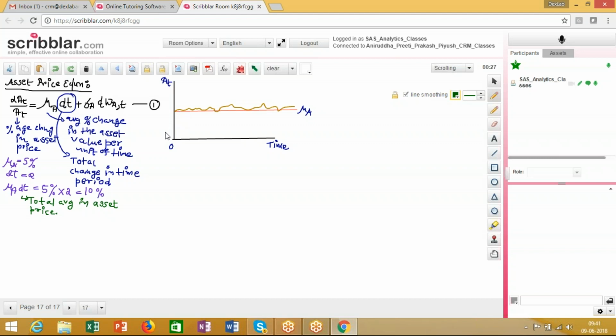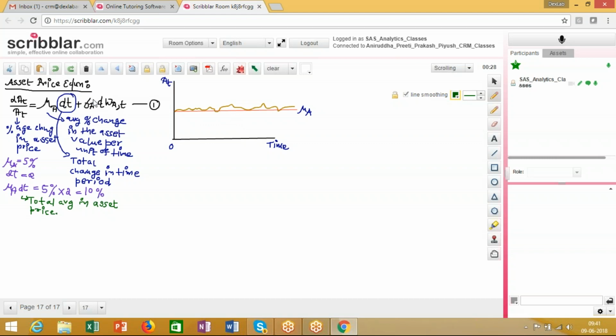But the actual price change is not driven by only averages. There is a movement associated with it about the average. Now, if there is a movement associated about the average, how will I take care of that? That is taken care of by the standard deviation.